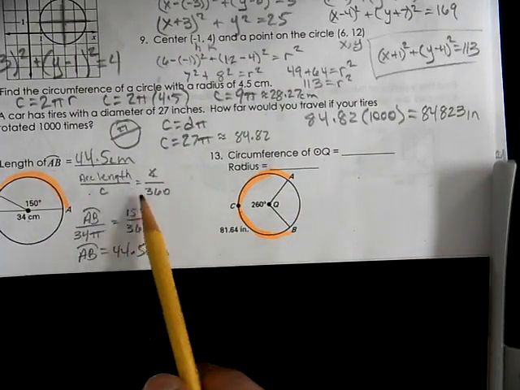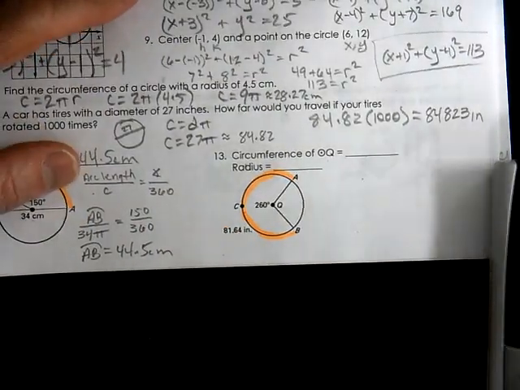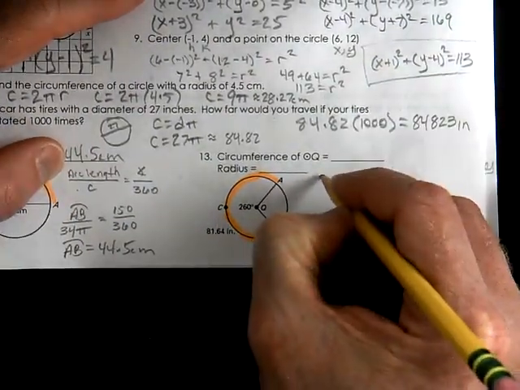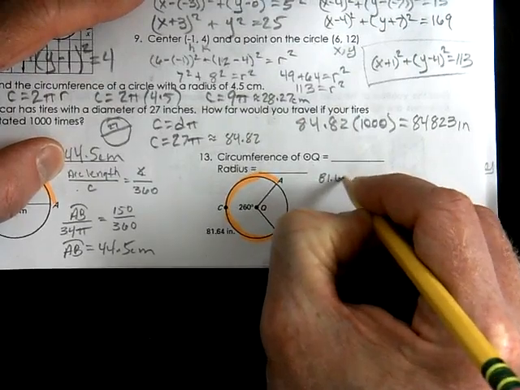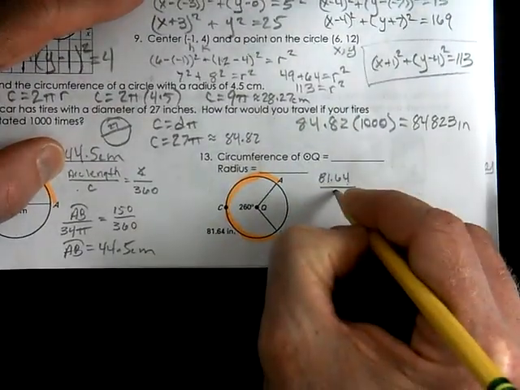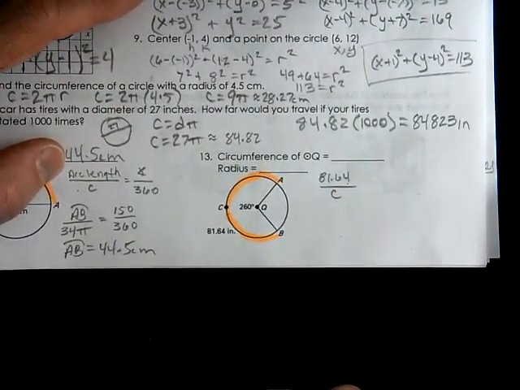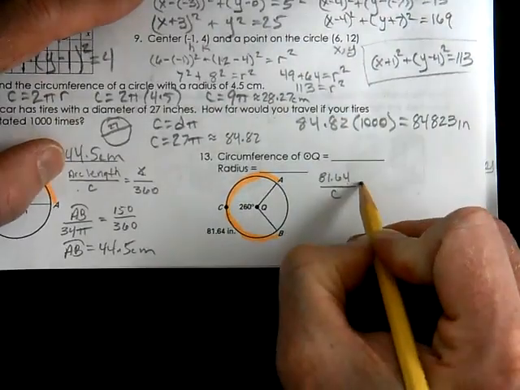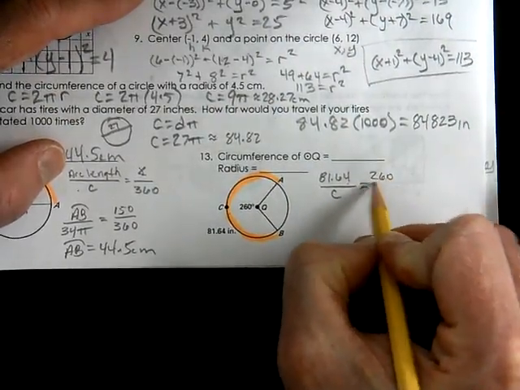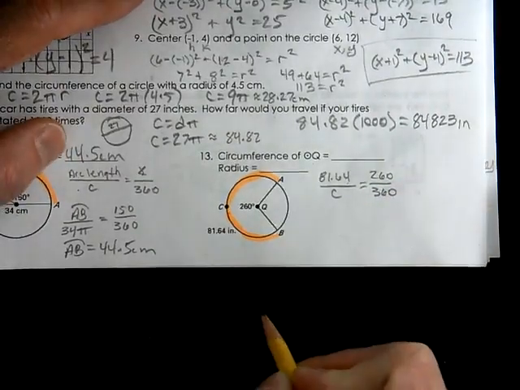So we're going to use the same formula. The arc length, which is 81.64, over the circumference, which is what I don't know, is equal to the angle over 360.